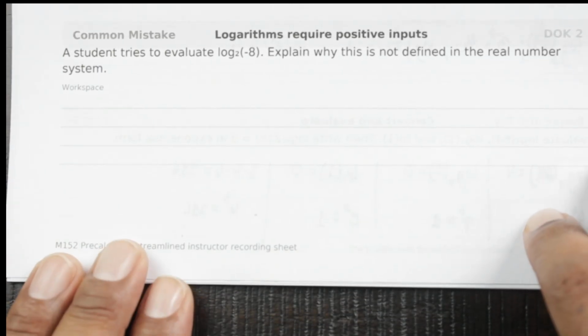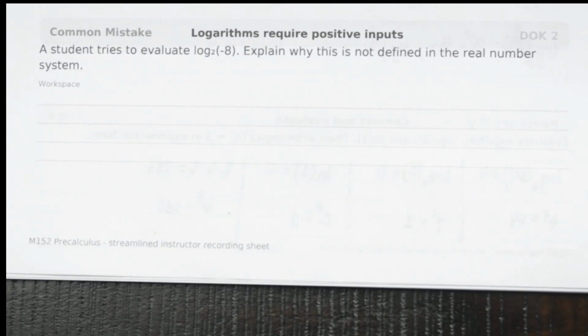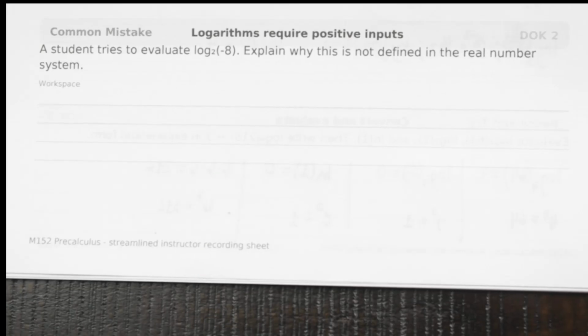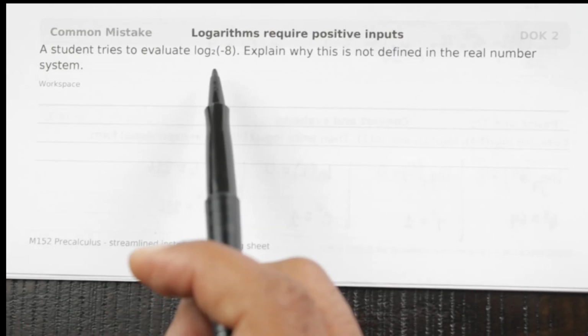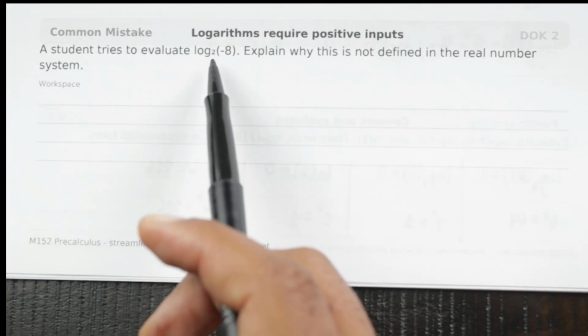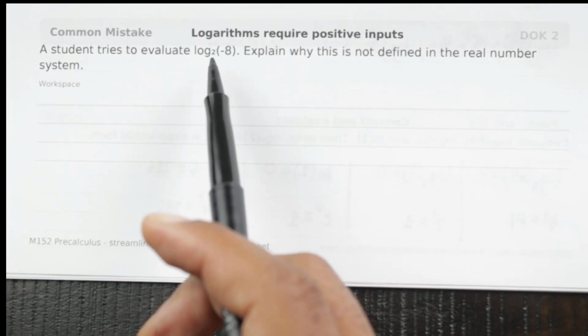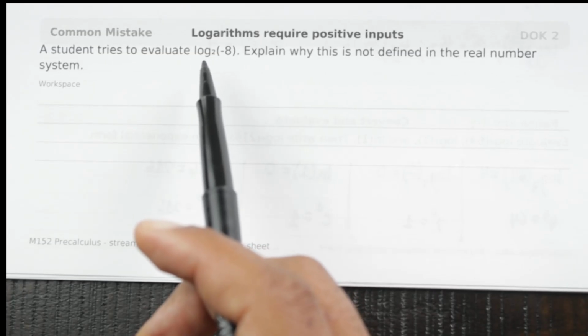A common mistake. A student tries to evaluate log sub 2 of -8 and we need to explain why this is not defined in the real number system. So this expression asks us to raise 2 to what power would generate -8, but powers of 2 are always positive, right?